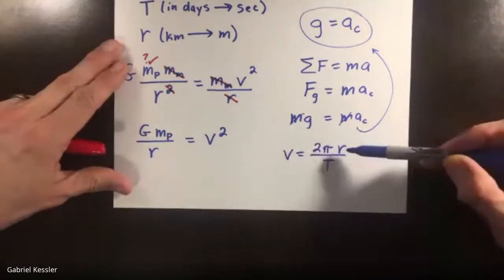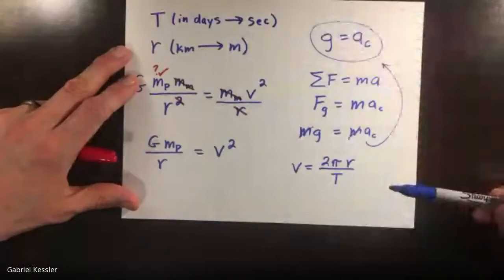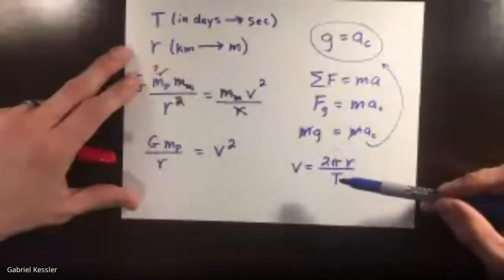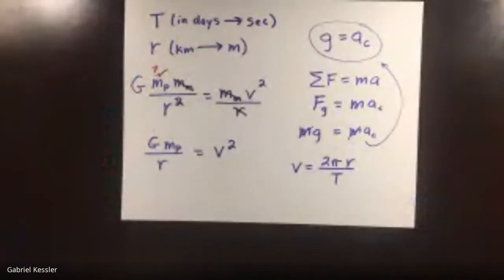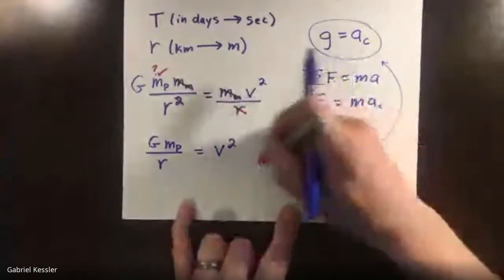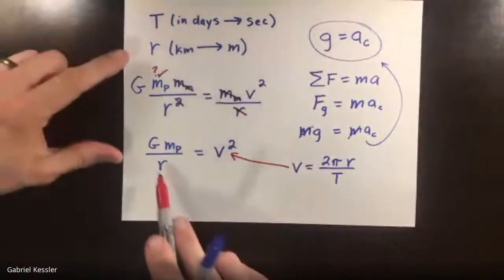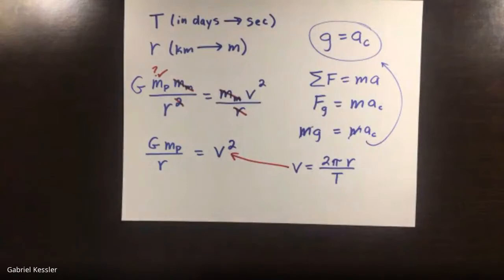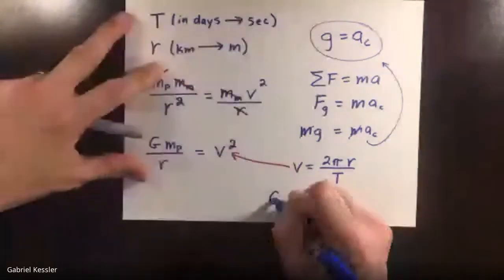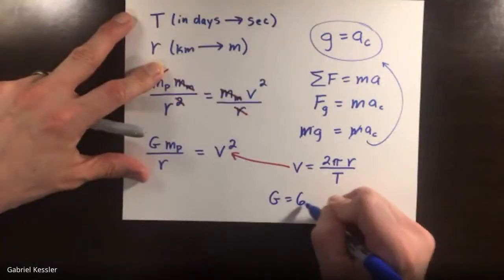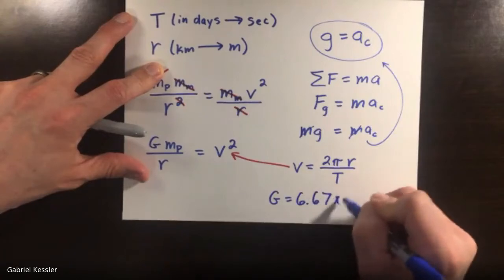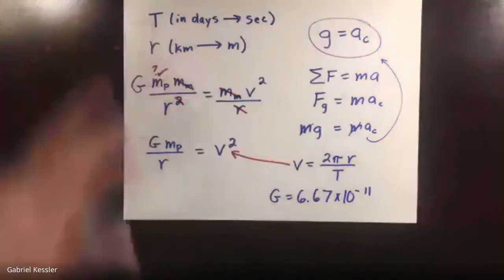So the distance of a circle, 2 pi r, radius is given, divided by the period given. We can use both of those to find the speed. And we can use that speed over here, along with the radius and the gravitational constant. Now, if you don't remember the gravitational constant, it's on your equation sheet, 6.67 times 10 to the negative 11.